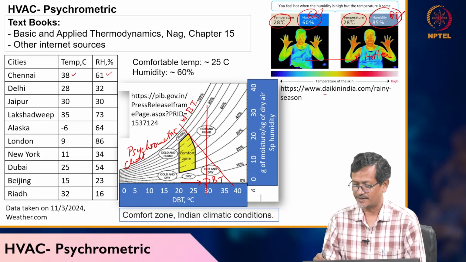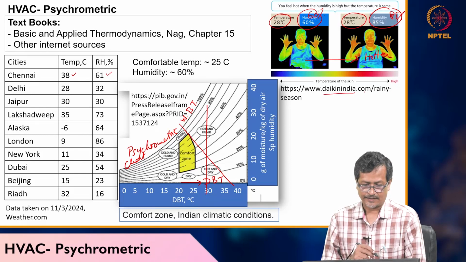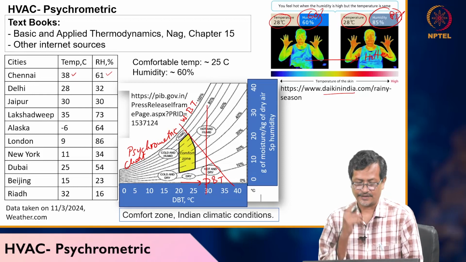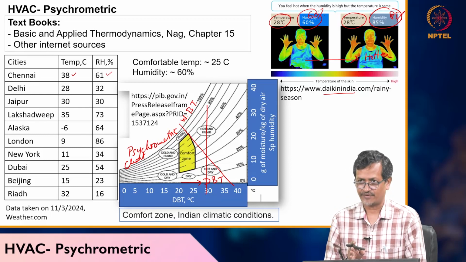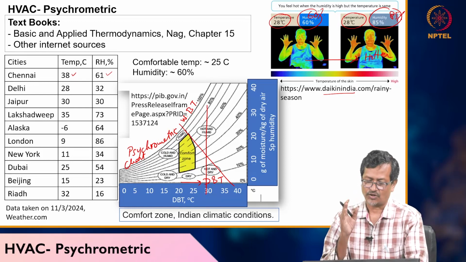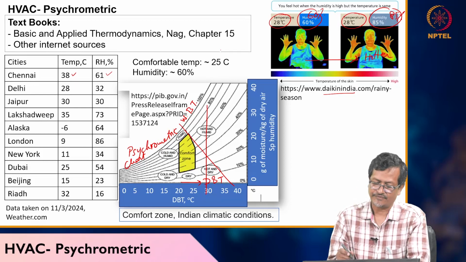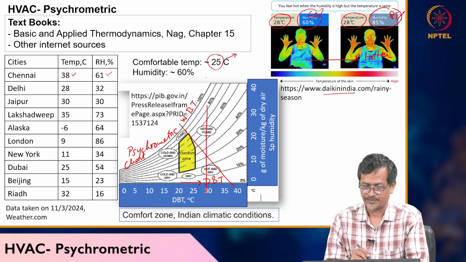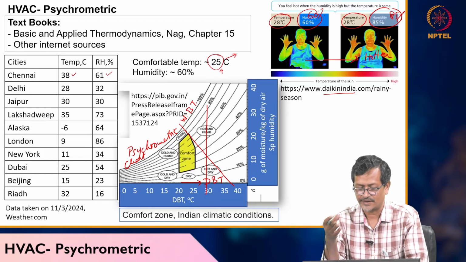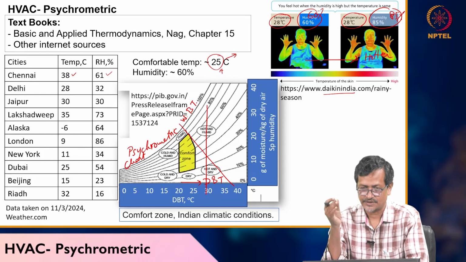And this is from the Back in India website. Normally in Indian conditions, comfortable temperature will be about 25 degrees centigrade, humidity about 60%. This also varies. For example, someone in Scotland may feel 25 degrees is a much higher temperature, but in Chennai many people say it is a lower temperature. So Chennai people will normally keep the temperature at 25 or more, but in Scotland they'll put their AC temperature less than 25.